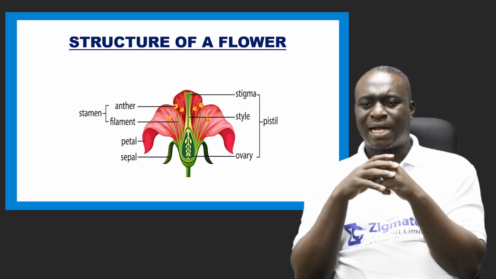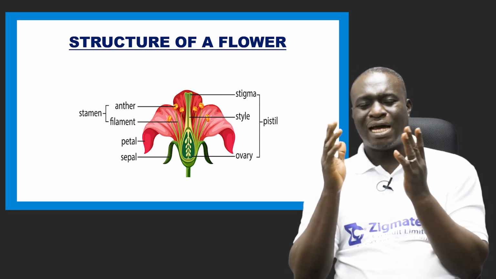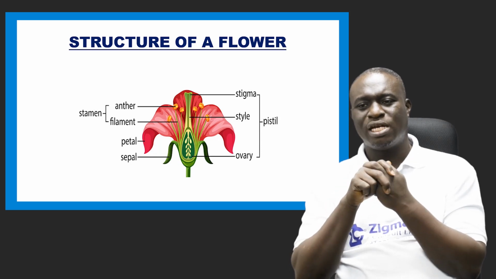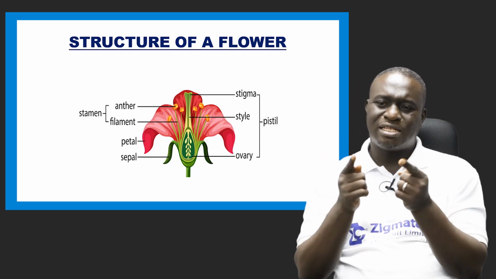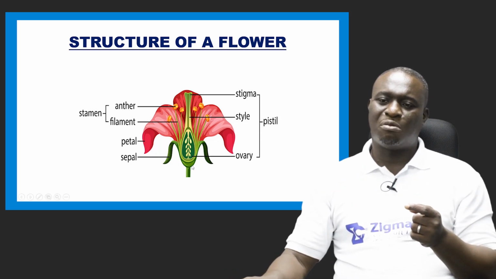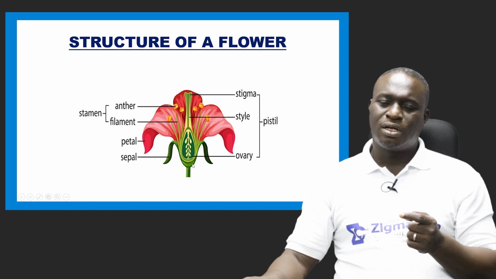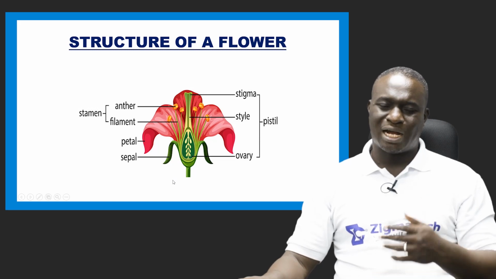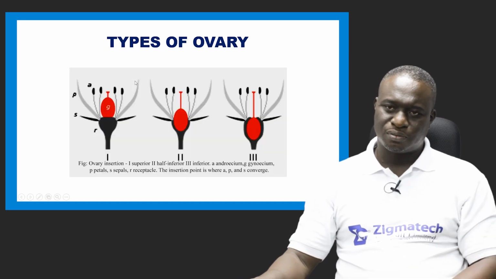You can see the petals, which are red in color, and the sepals, green in color. Underneath, where the cursor is, is the receptacle. And then the stalk that connects to the stem is the pedicel.